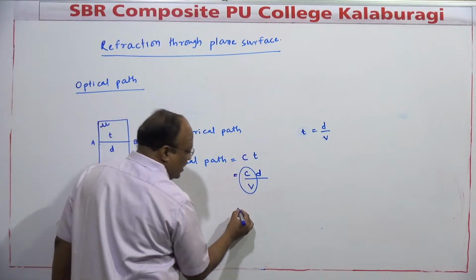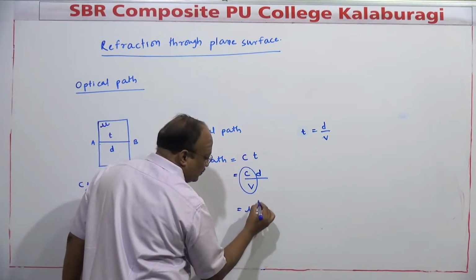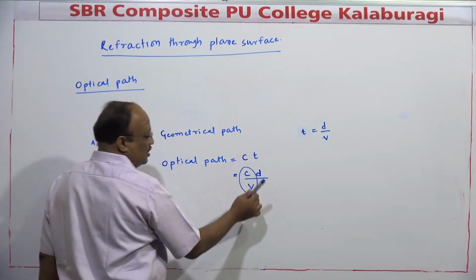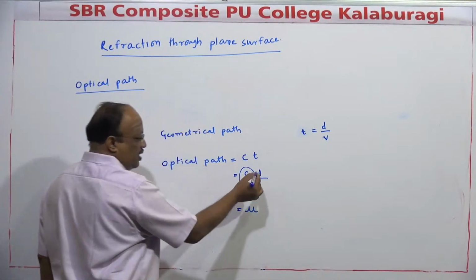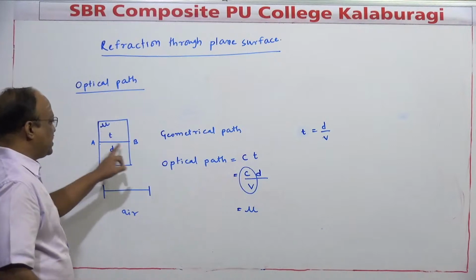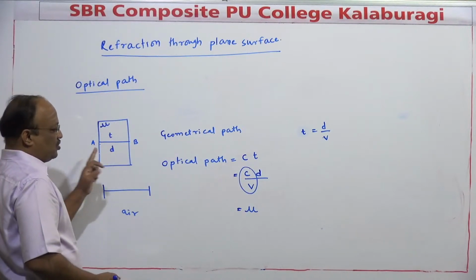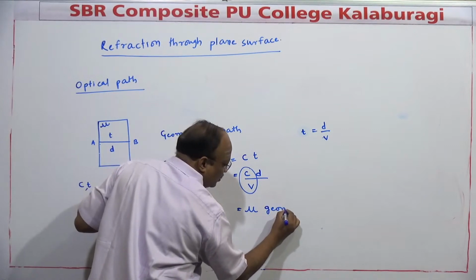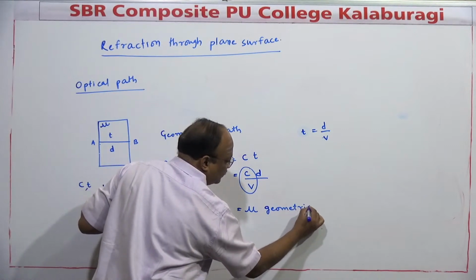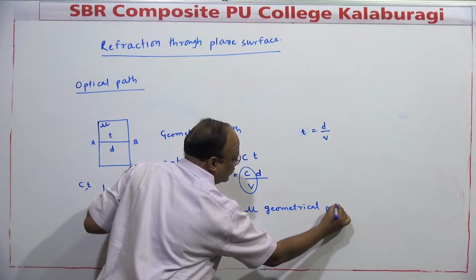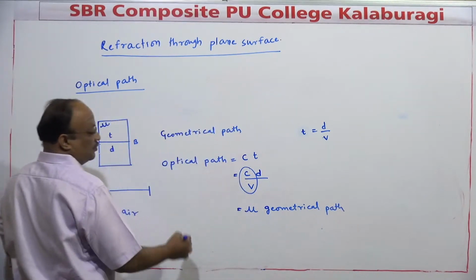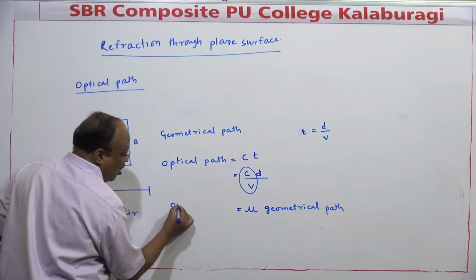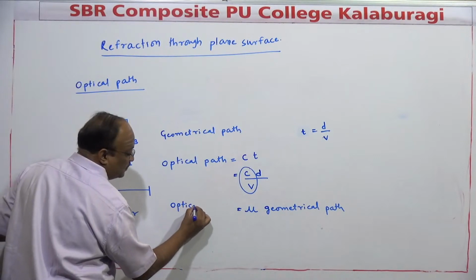So c by v is nothing but our mu. Mu into this d. What is this d? D I have taken as geometrical path. So it is optical path.